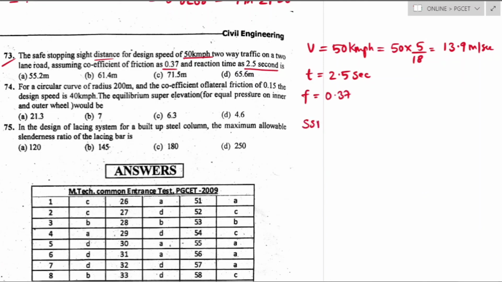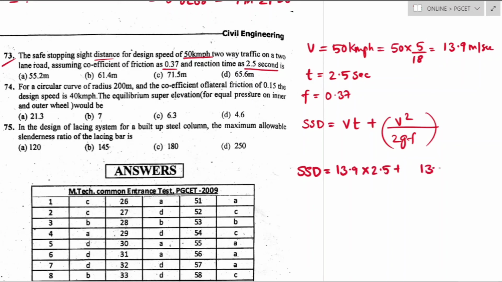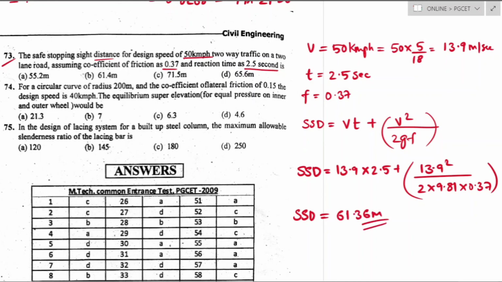According to IRC, the safe stopping sight distance is given by the formula Vt plus V square by 2gF, that is equal to 13.9 multiplied by 2.5 plus 13.9 square divided by 2 into 9.81, acceleration due to gravity, and F is the coefficient of friction, that is 0.37. So safe stopping sight distance is 61.36 meter. So option B is the right answer, that is 61.4.